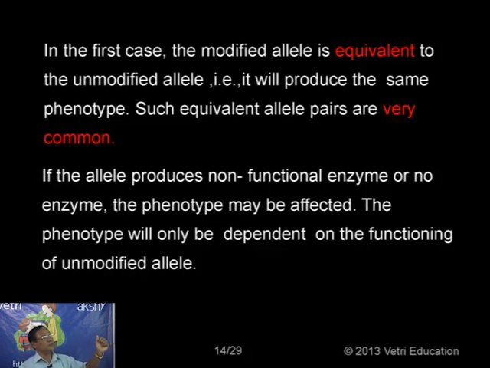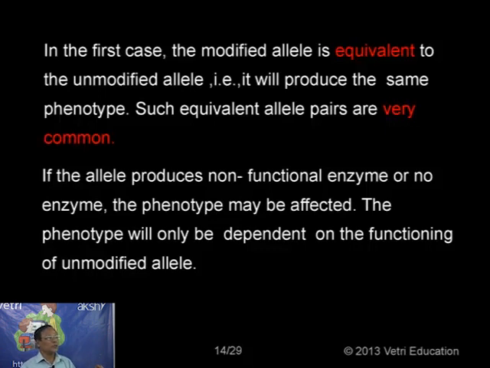As I mentioned earlier, in the first case, when the modified allele produces an enzyme similar in effect to the normal allele, namely the unmodified allele, they are equal in their expression. Such equivalent allele pairs are very common. If the allele produces a non-functional enzyme or no enzyme, the phenotype may be affected. The phenotype will depend purely on the functioning of the unmodified allele.